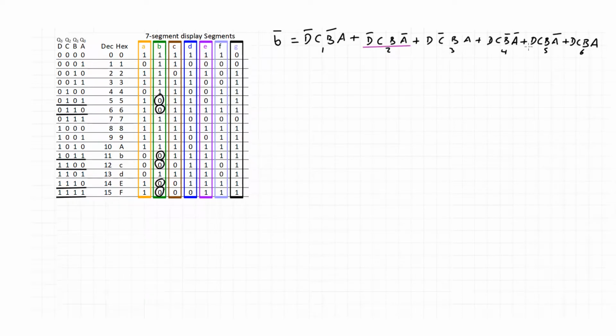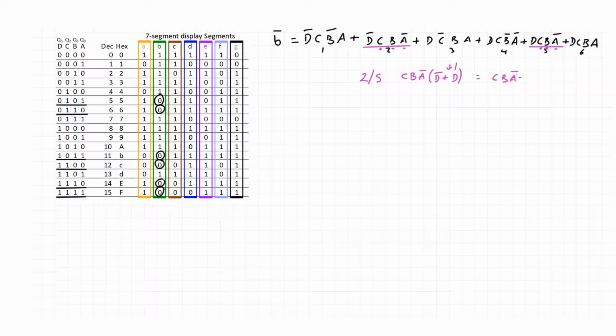So in terms 2 and 5, we've got B and not A and C as common factors. So it's the D that we apply the complement law to.